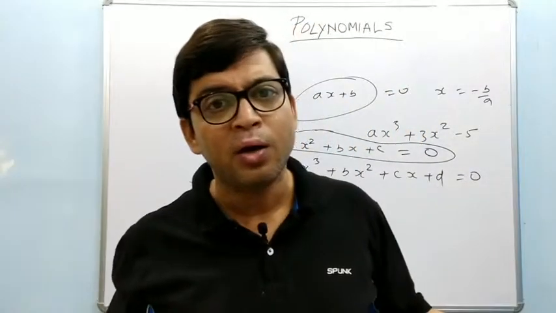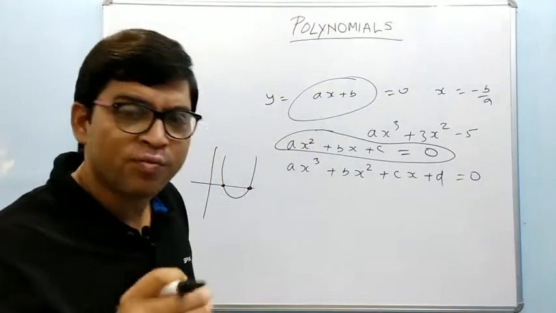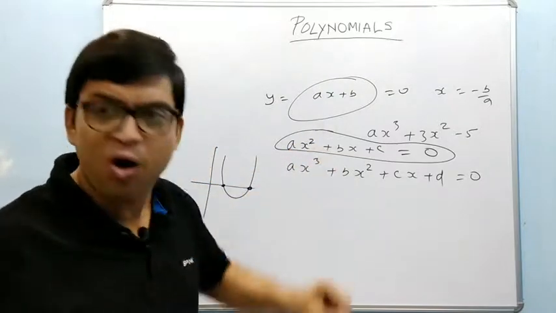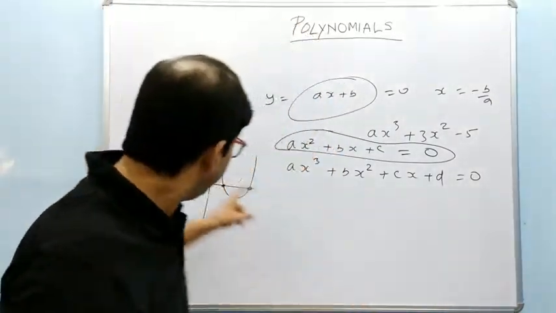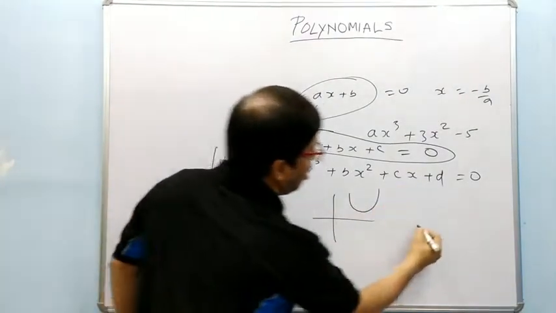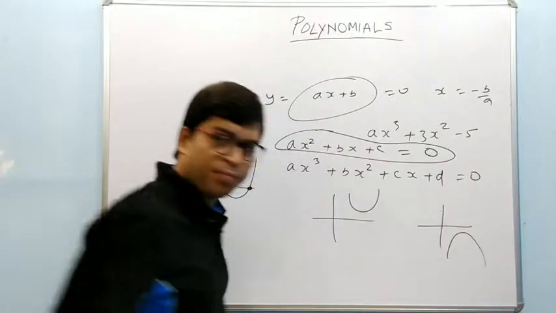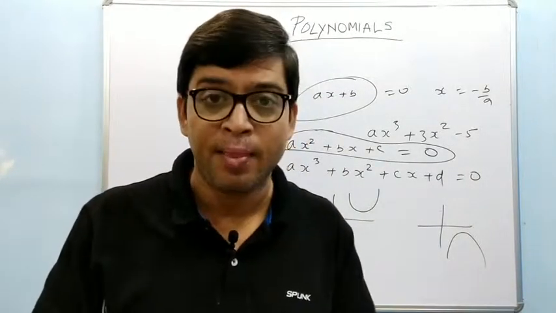Quadratic polynomial, quadratic expression. So to find the roots of that, the graph of a quadratic polynomial is either like this or like this, known as parabola.